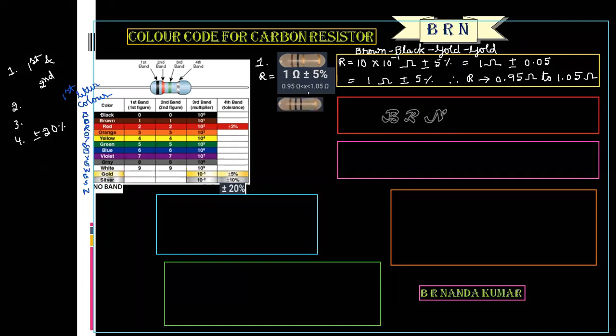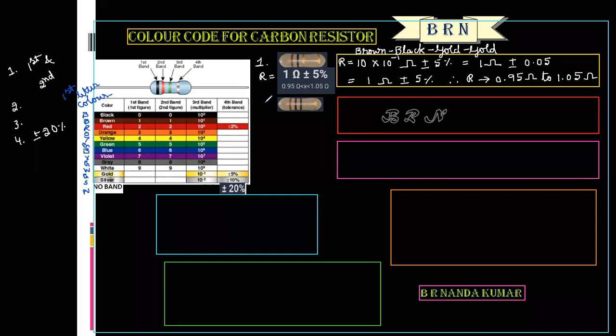So the next example. Now look at this resistor. What are the colors on this resistor? The first one is brown, right?